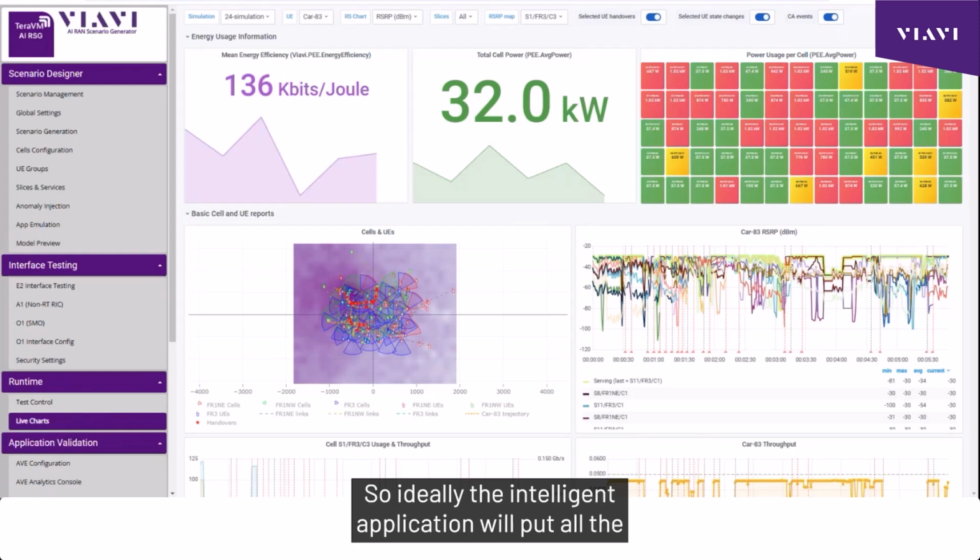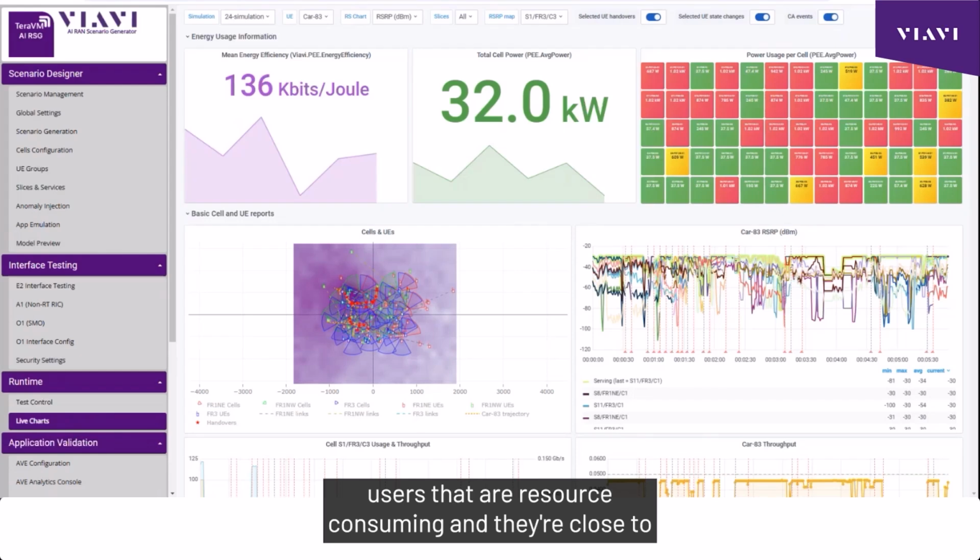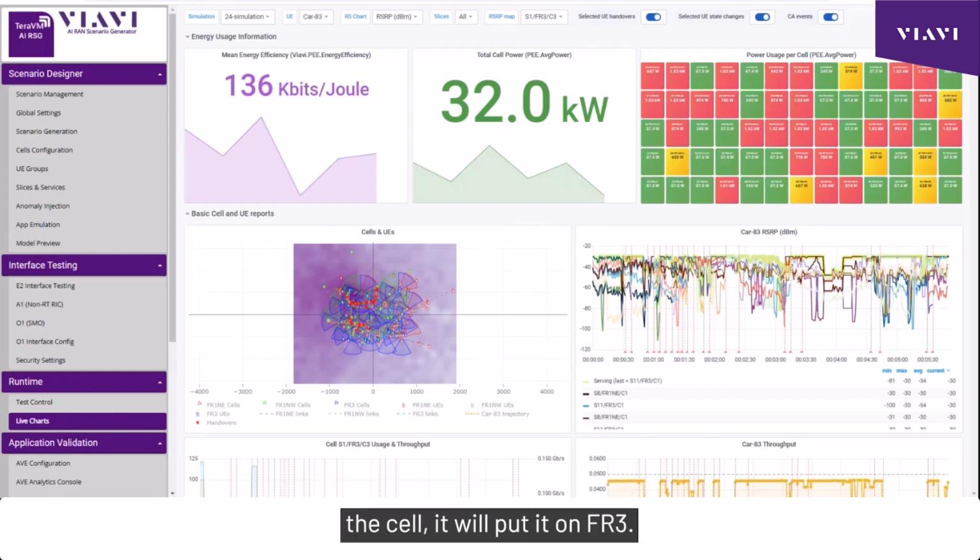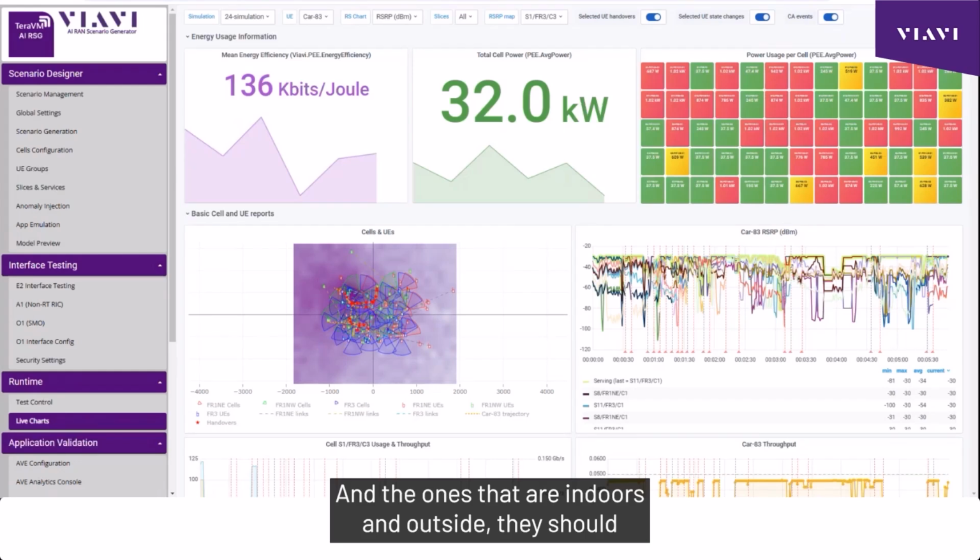So ideally, the intelligent application will put all the users that are resource consuming and close to the cell on FR3, and the ones that are indoors and outside should probably be on FR1. This is something that an intelligent cognitive app should do in order to optimize the usage of the resources.